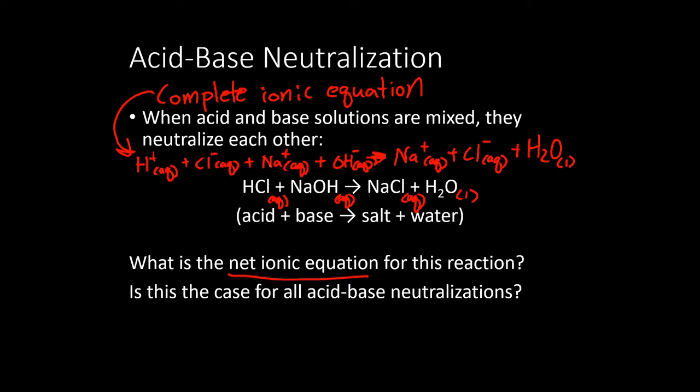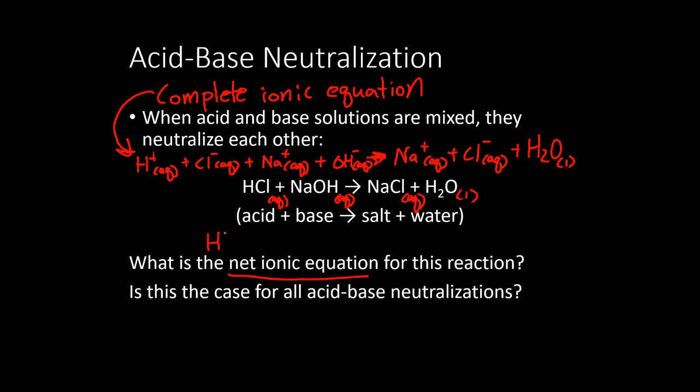So for example, here in this complete ionic equation, on the left side of the equation we have chloride and sodium in solution, and on the right side we have sodium and chlorine in solution. It doesn't change from one side of the reaction to the other, so they are not going to be included in the net ionic equation because they didn't change.